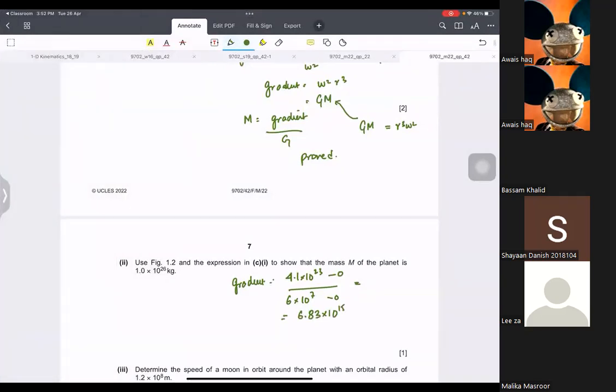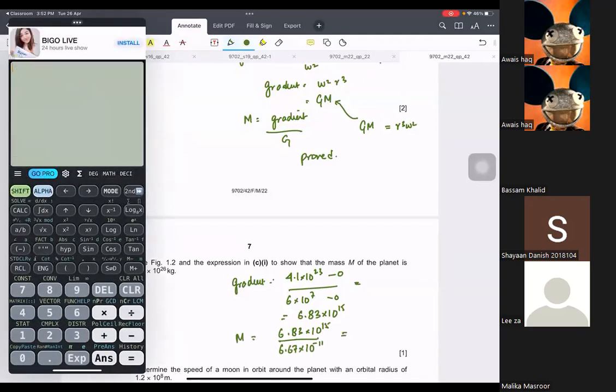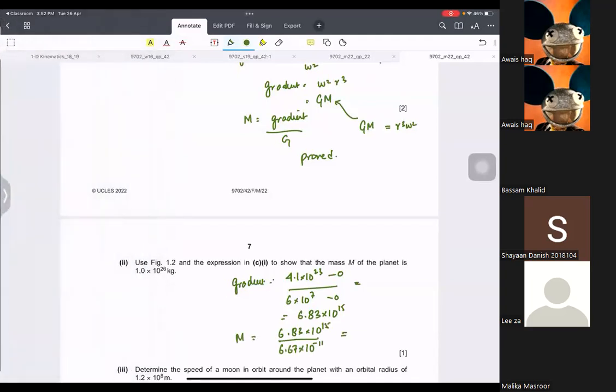And then we just need to divide this by 6.67 times 10 to the minus 11. So this should come out as 1.0 times 10 raised to 26 kg. Proved.